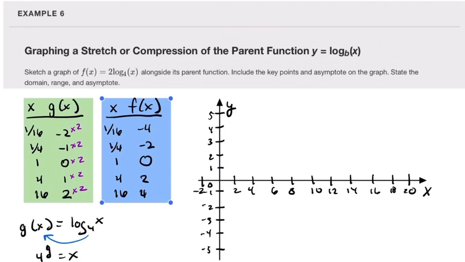So let's see, the first point slightly to the right of 0, we're at -2. So about here. And then -1. And then 1, 0 is here. And then over 4 up 1. Over 16 and up 2. We do have a vertical asymptote.